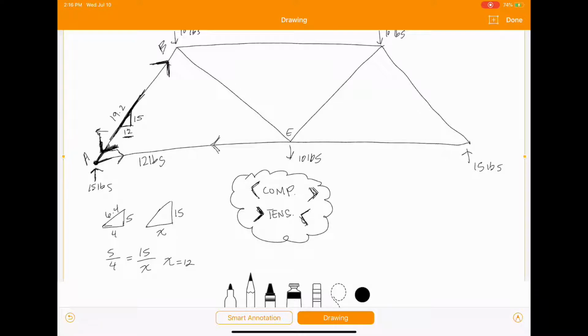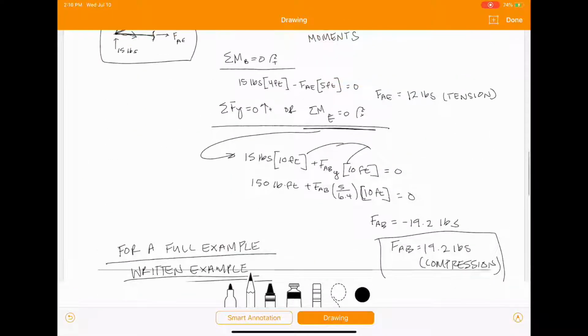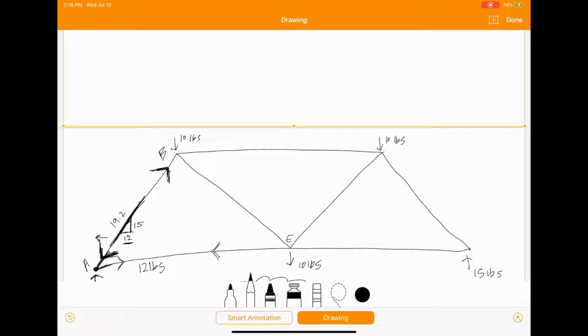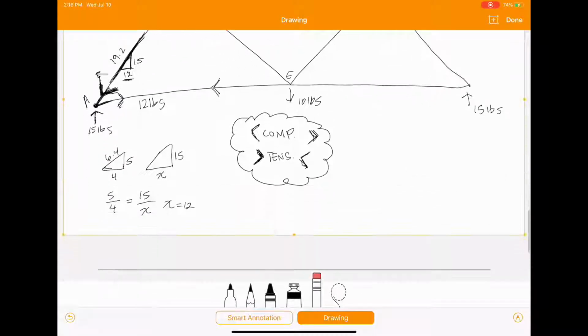The arrows are acting towards each other, so 12 pounds in tension. And we come up here, and that's exactly what we got using our other methods. So we did that correctly. And again, you just continue to work yourself around the truss, and you'll be able to figure out the rest of the forces.